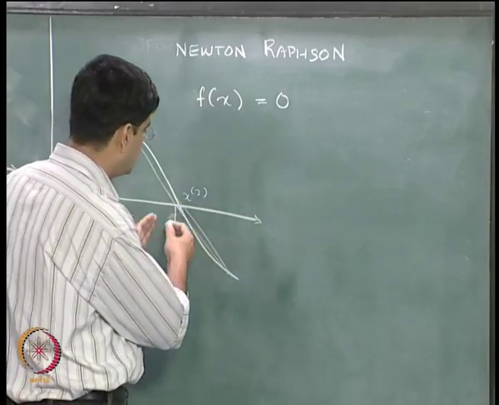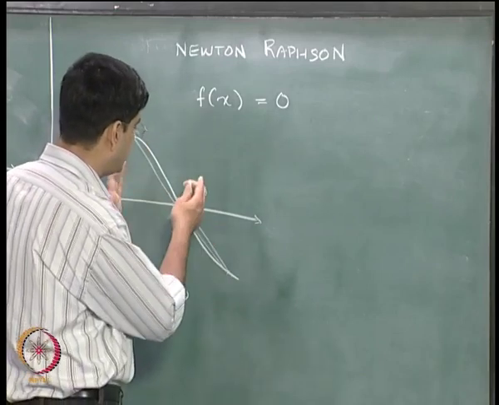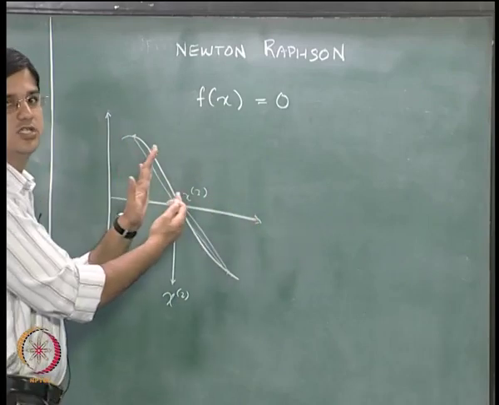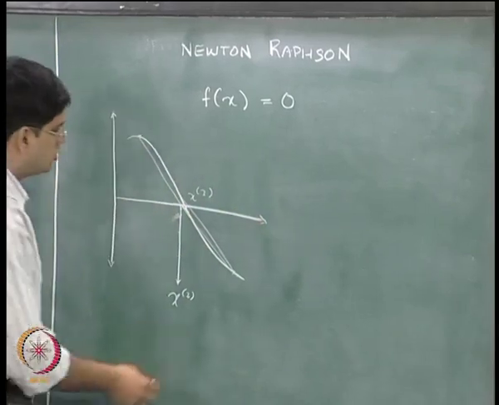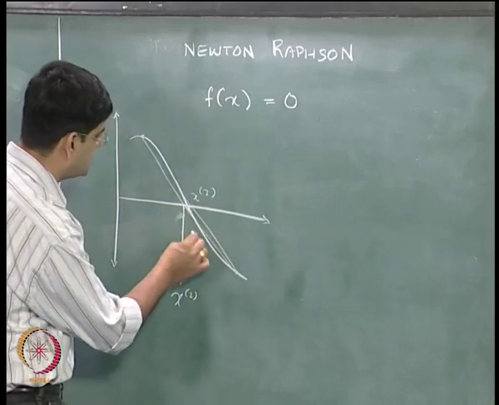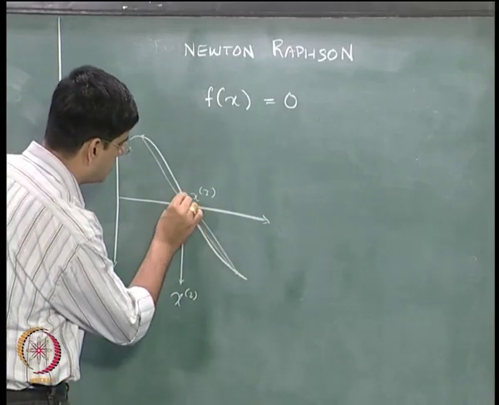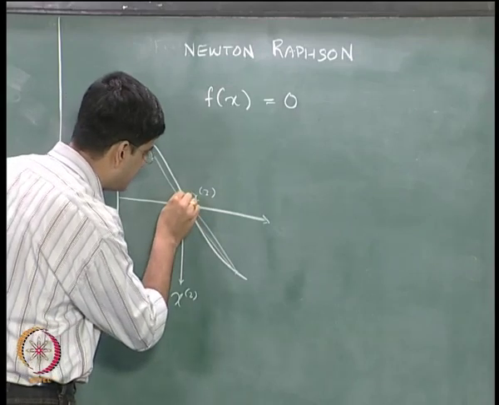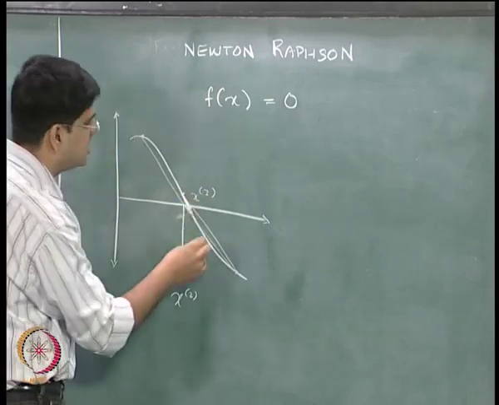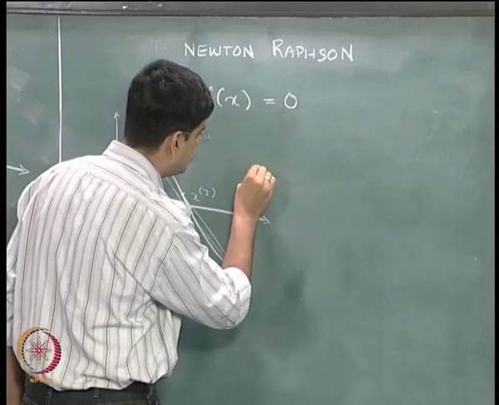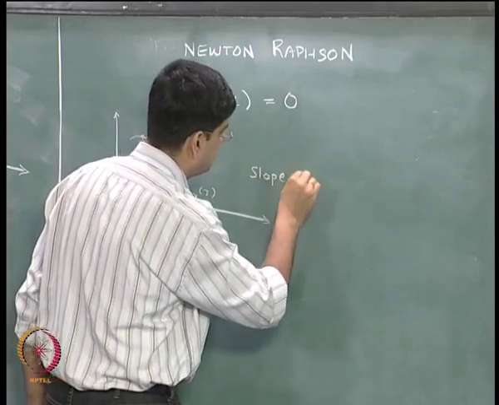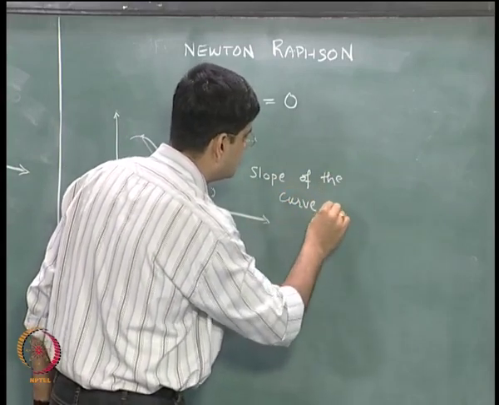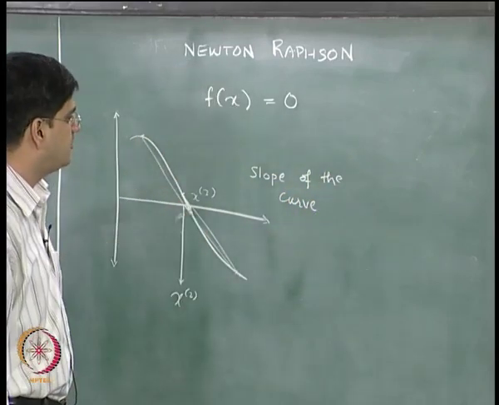So what happened in the secant method is that x2, x3, x4 started coming closer and closer to each other. So let's consider the case where x2 and x3 are very close to each other. This particular line segment that joins x2 and x3 is nothing but a slope of the curve close to the point x3.